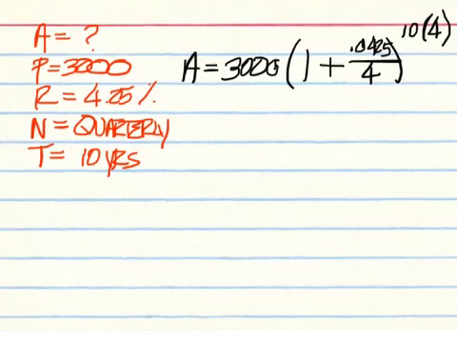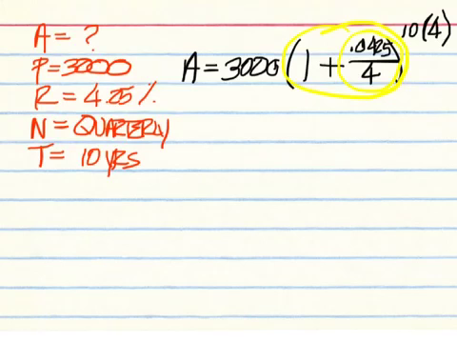The order in which you have to do this in your calculator, I'll highlight in yellow as I go along. The first thing you're going to do is this, and more specifically inside of that, you're going to do this first. So do 0.0425 and then divide by 4.